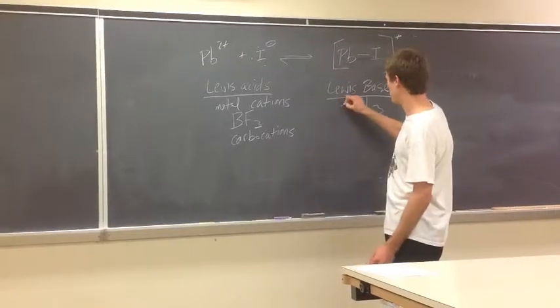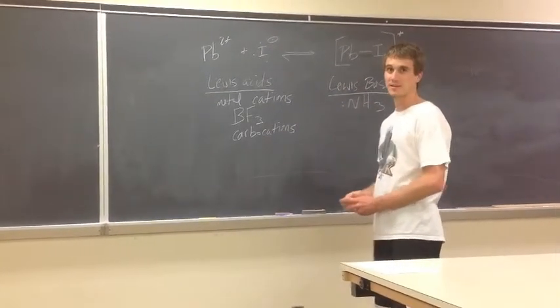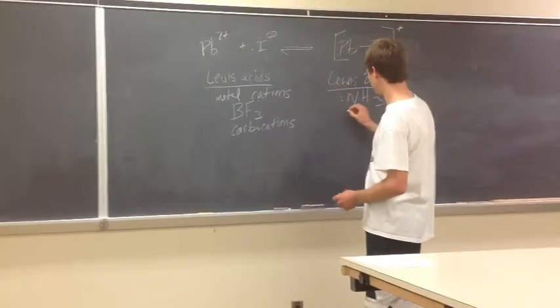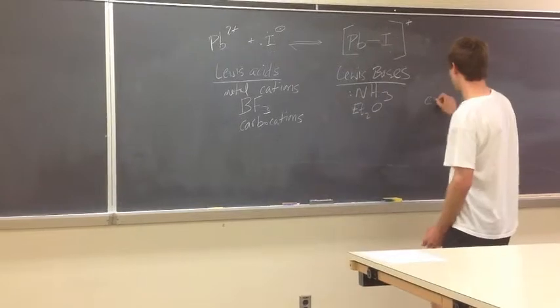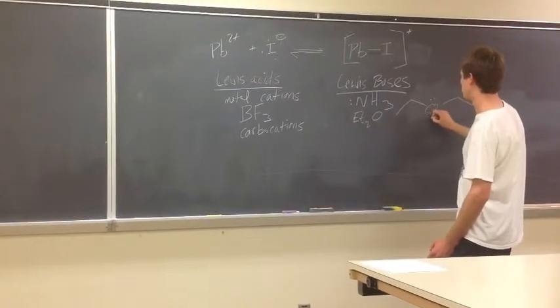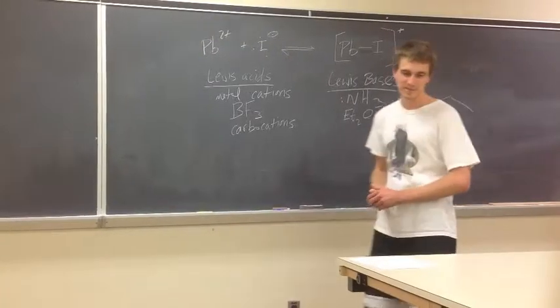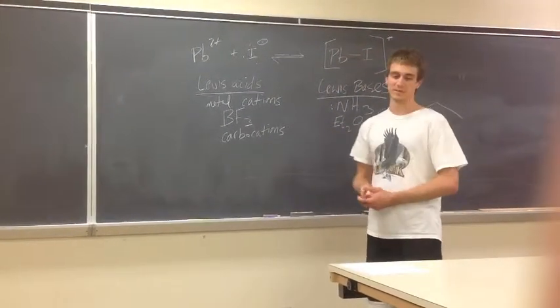Make sure it's got the lone pair right here to be able to donate. Diethyl ether is another good example. If you want to draw that out, it's right here. This actually has 2 lone pairs to donate, but let's donate 1. And there's just more examples.